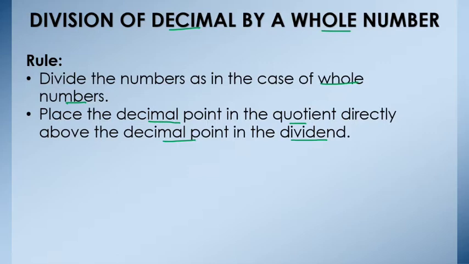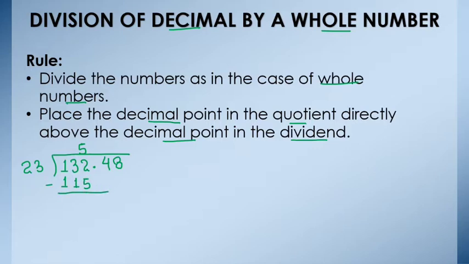For example, if we have to divide 132.48 by 23. So you can see the dividend is a decimal number and we are dividing it by 23, which is a whole number. So 23 fives are 115.